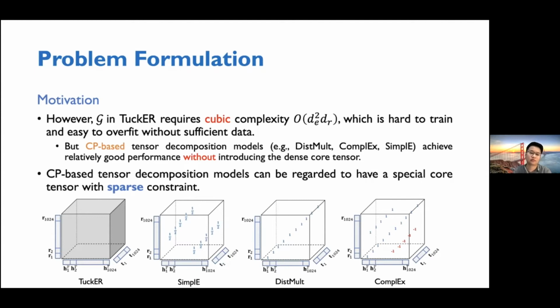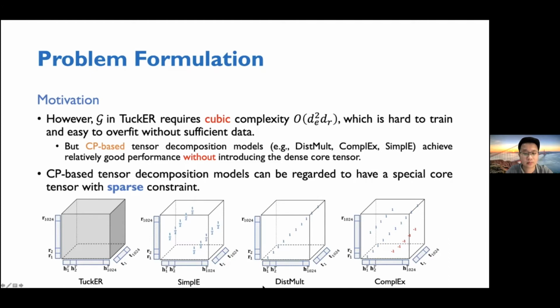We observe that CP-based tensor decomposition models can be regarded as having a special core tensor with a sparse constraint. Here are several examples. First, this is the core tensor in Tucker. The gray area means all elements need to be trained. As for the rest of the examples, the white area means the element is set to 0.